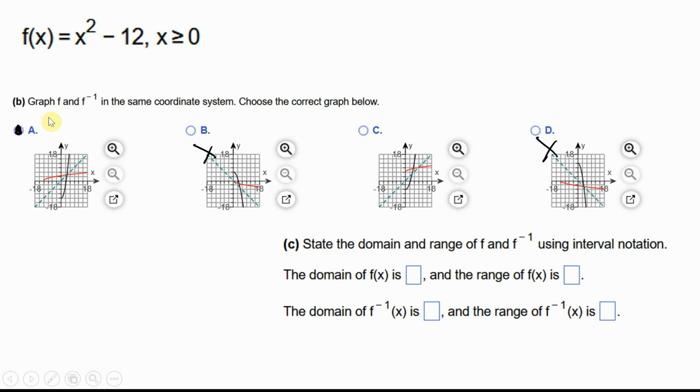And then for the domain and range, the domain of f, let's see. So here, this domain would be, this is for f, 0 to positive infinity.